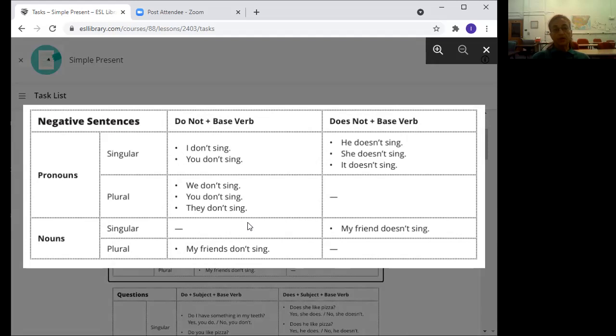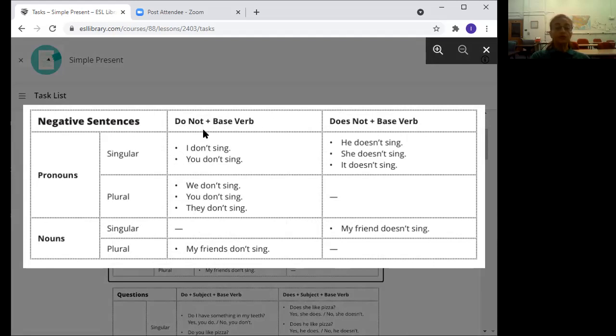And for other persons, first person, third person plural, or second person, we use the verb do. After the verb do, we need to add the particle not. Do not. And only then we use the base form.